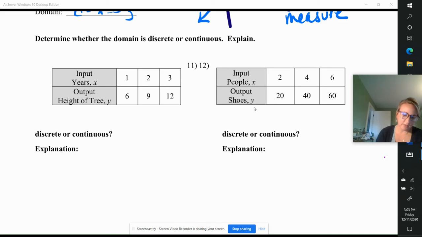Okay, so the input value is number of years, output is the height of a tree. So number of years, because a half a year makes a difference, a half a year is part of the domain, and this is considered continuous. And the number of years can be anything greater than or equal to 0.